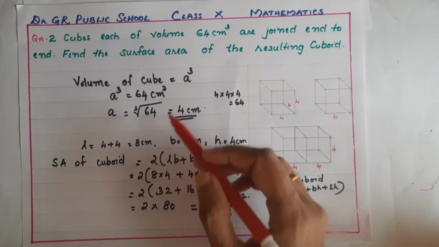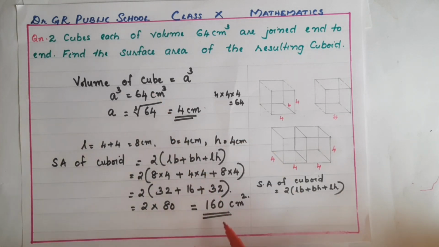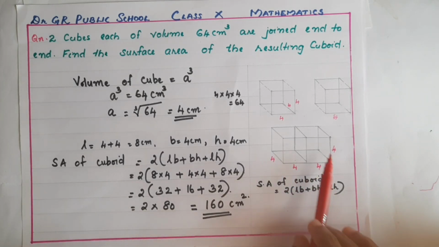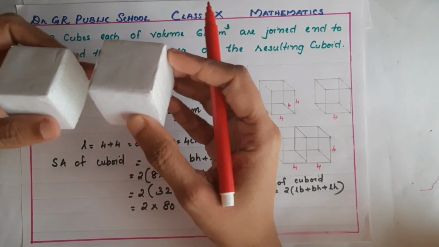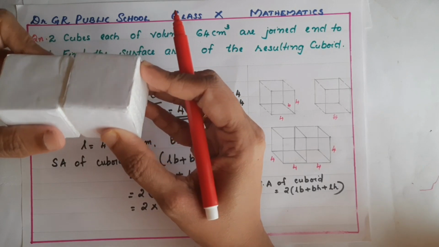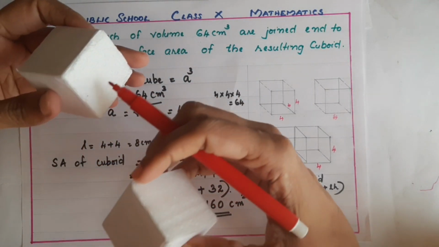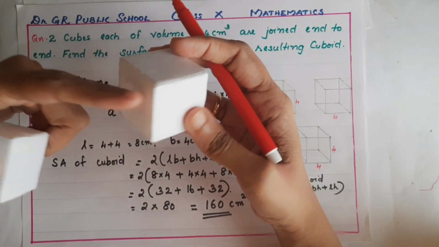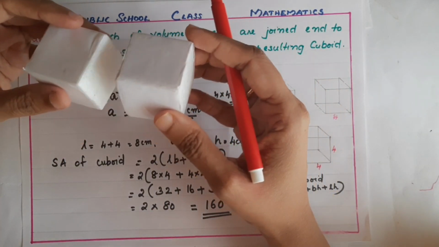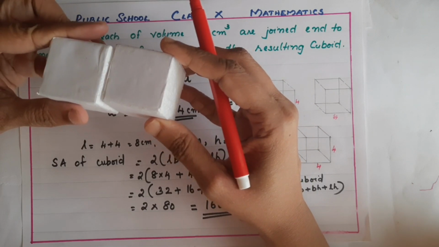See, children, this is one of the two methods. So we can have one more method to find out the surface area of the resulting cuboid. See, when we join these two cubes like this, a face from the first cube and a face from the second cube are not visible to us, isn't it?